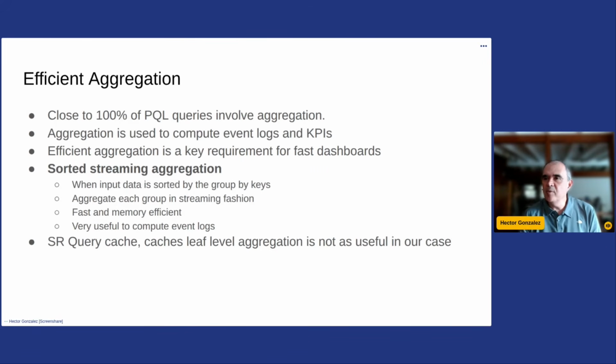And if we have the input data sorted correctly by object ID and maybe event timestamp, then we can use sorted streaming aggregation, which is not blocking. As the name says, it's streaming. It minimizes the memory because we only need to keep in memory one group, and it's pretty efficient. So this works well for us.